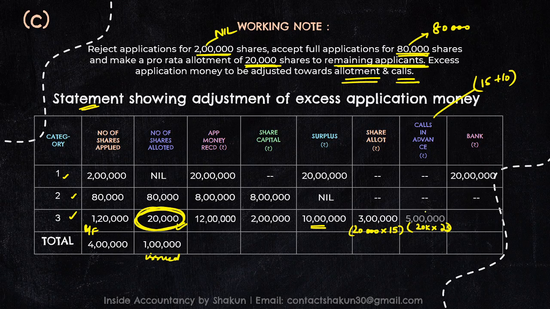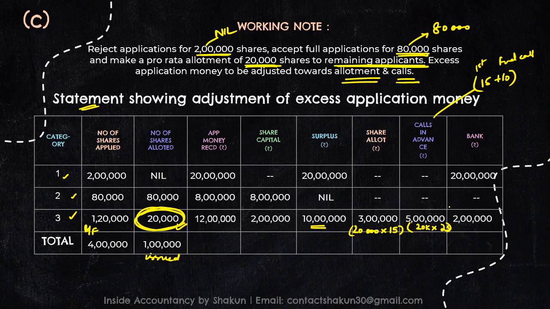Since I had 7 lakh with me, still surplus, because out of 10, only 3 lakh has been adjusted. So out of 7, 5 lakh I have put in calls. Now this 5 lakh is for the first call and for the final call also. Then we still have 2 lakh as balance. So that balance will be refunded through bank.